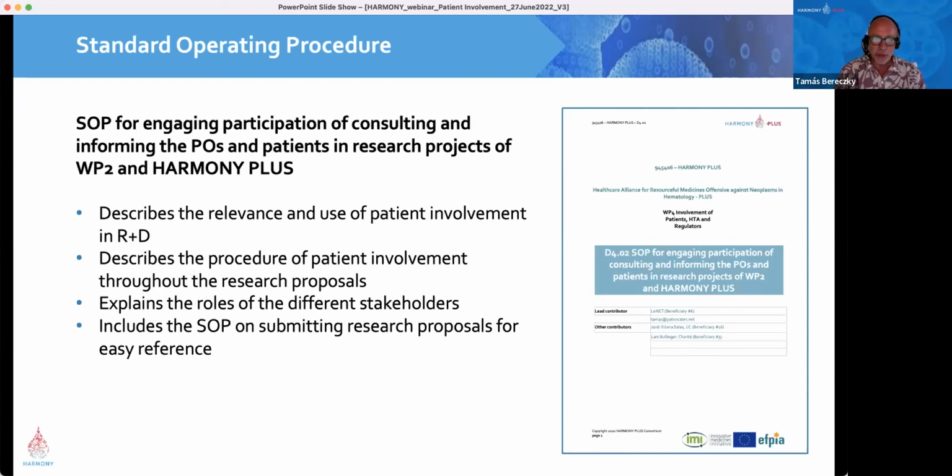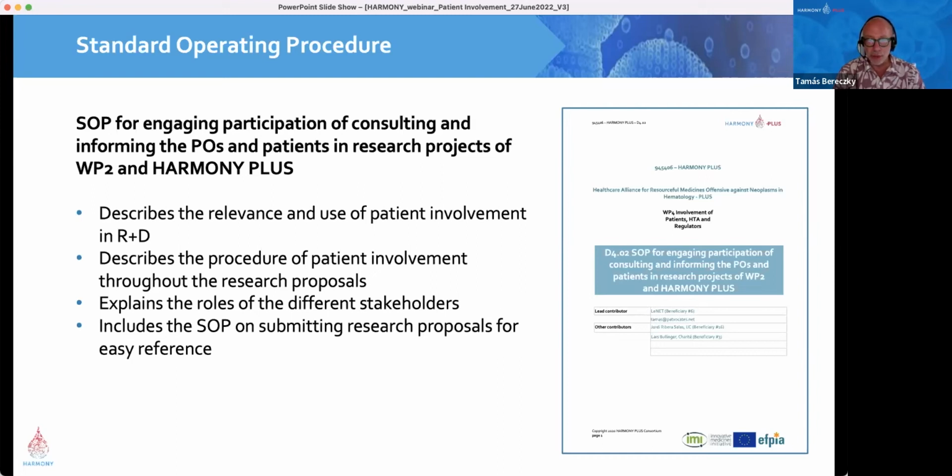Also, there's a description of the procedure of involvement, so how it is supposed to happen throughout the entire research proposal lifecycle. So not just the submission, but also as it is being conducted, analyzed, and then as the results are published. It also explains the roles of the different stakeholders for your convenience, so that you see who does what.